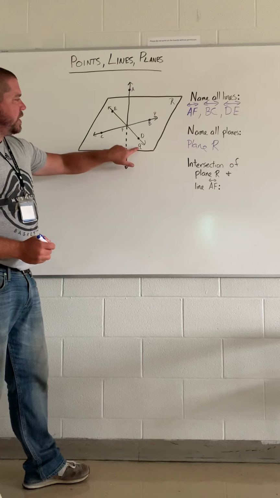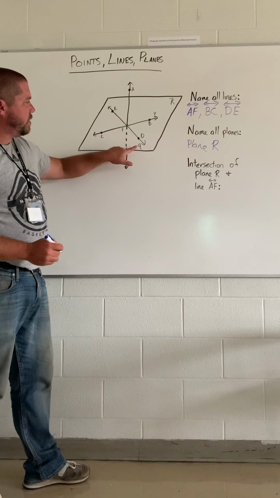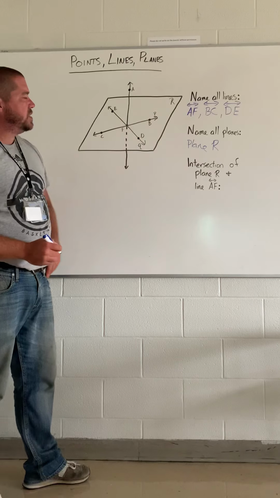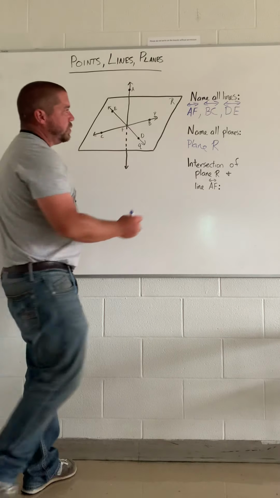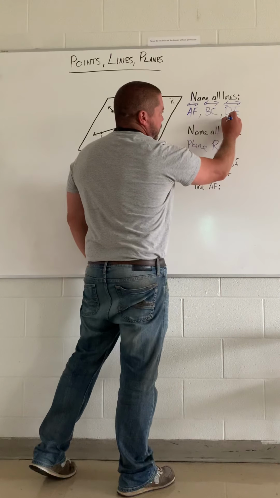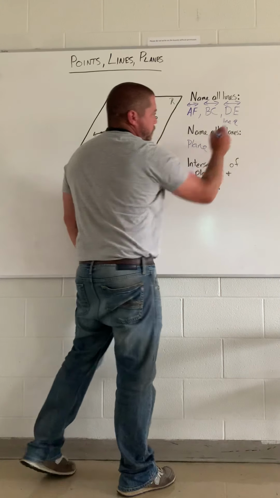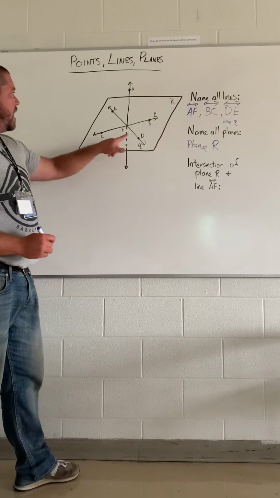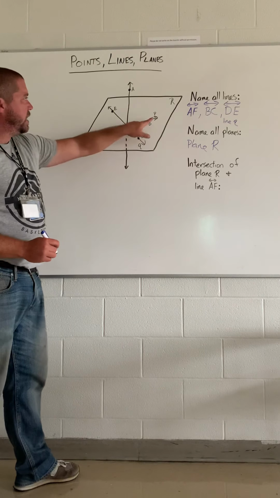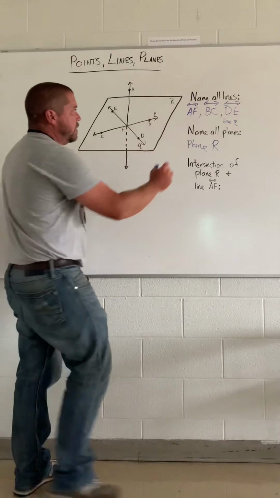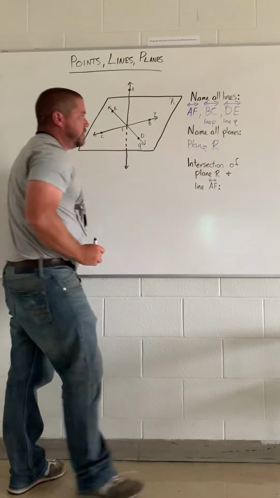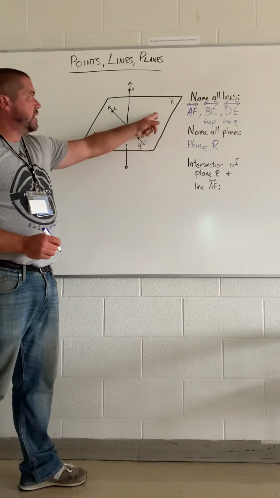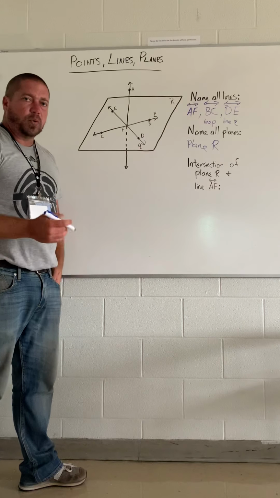Notice there's also a random Q and random P right here at the end of the lines, okay? Line DE, we could have called line Q. Or line BC is right on the line with the P, we could have called that line P. Okay, so sometimes the lines are labeled by just a lowercase letter.